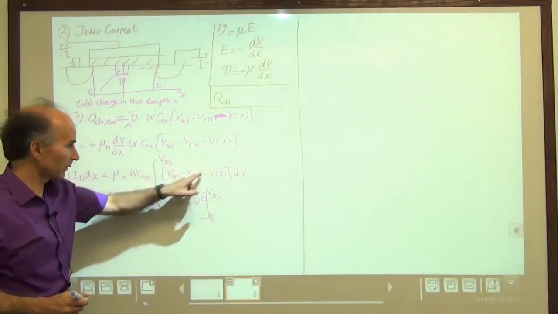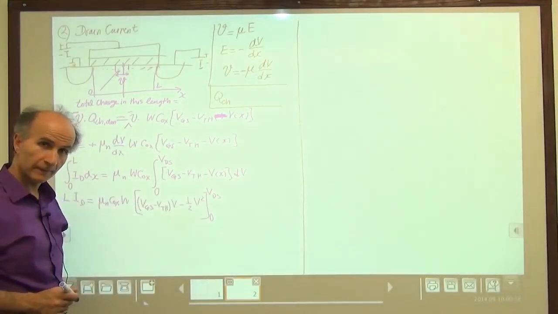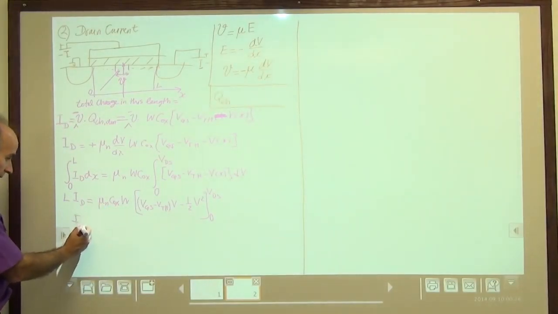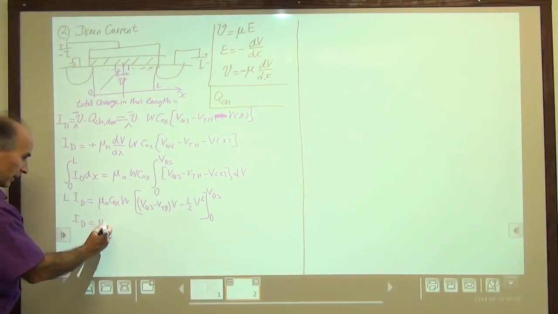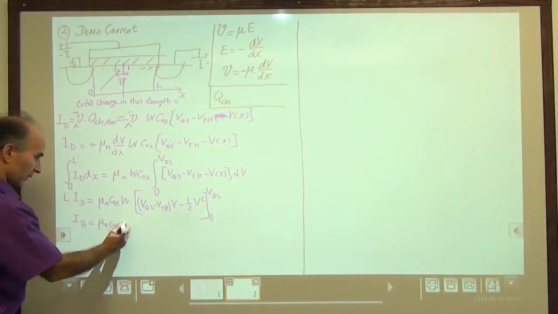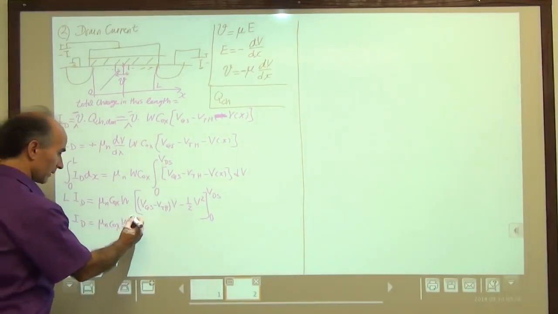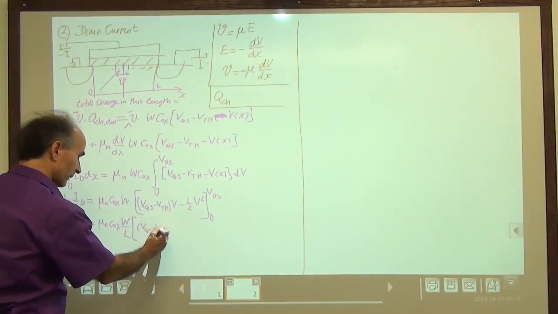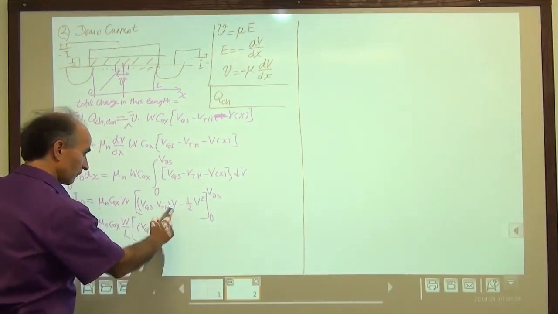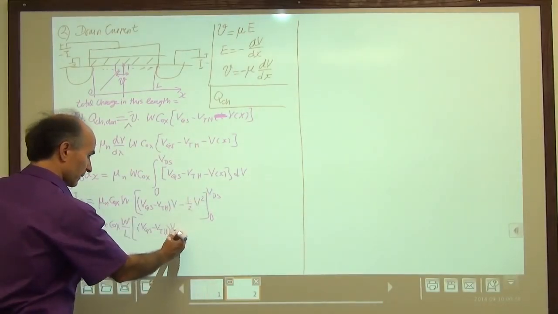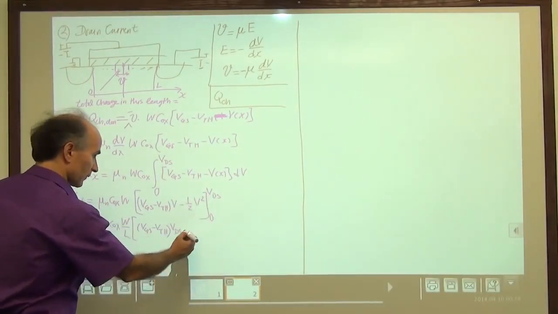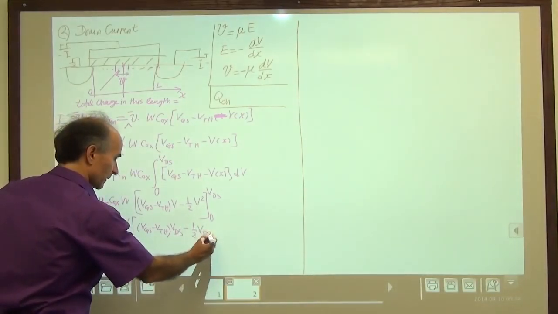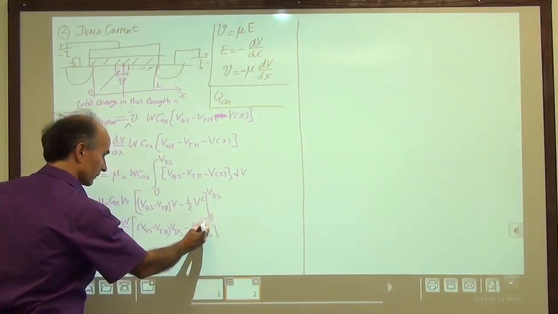V is the variable, and it has to go from 0 to VDS. So we divide by L, and we obtain ID is equal to mu n C ox W over L. And then we have VGS minus VTH. V has been replaced by VDS. For 0, we just get 0, so no worry about that. Minus 1/2 of VDS squared.